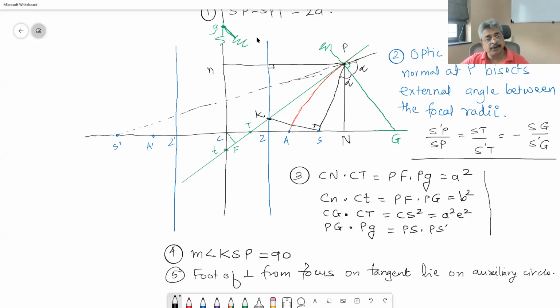So what do? We should see this. Let us ask Samartha to show us this properly. And then we will move this point P on hyperbola and see whether it traces the circle, auxiliary circle or not.